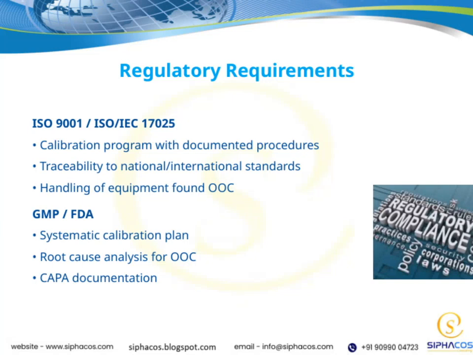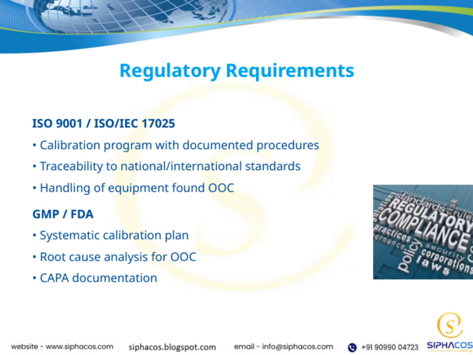Let's take a closer look at some of the key regulatory requirements that guide our calibration practices. First, under ISO 9001 and ISO IEC 17025 standards, having a calibration program with documented procedures is essential. This ensures consistency and transparency in how calibration is performed.